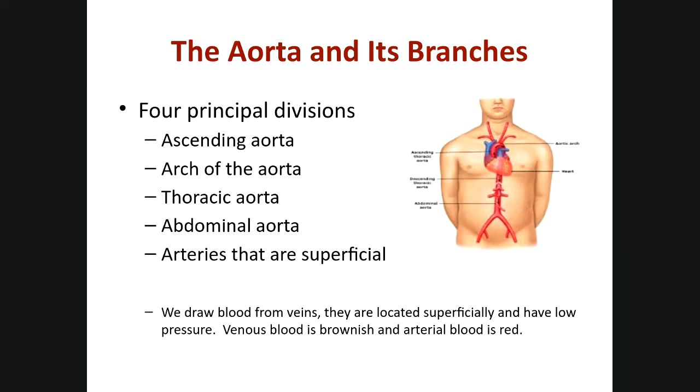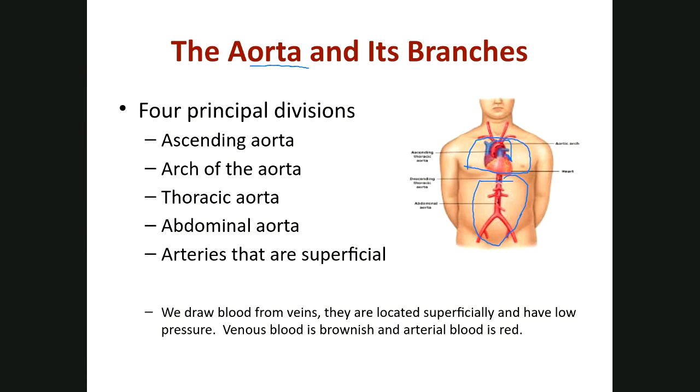So let's talk about the systemic circulation. Remember, we've talked in the past about how this is the thoracic cavity, and this is the abdominal pelvic cavity. So the ascending aorta, arch of the aorta, when it starts to descend, we call this the thoracic aorta.